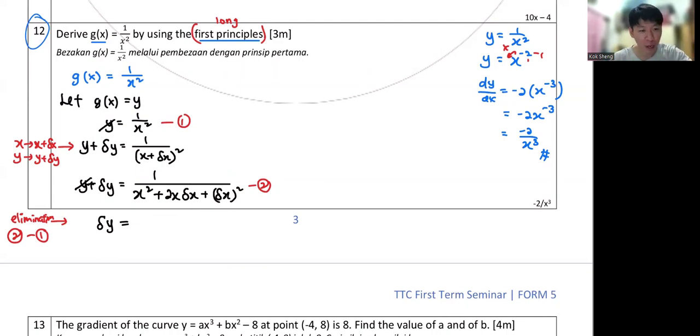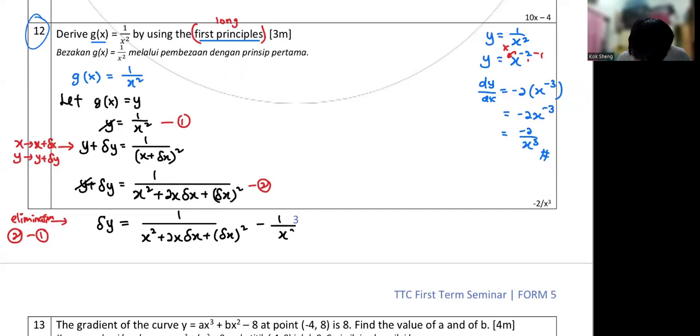So when this one minus cannot cut, no choice, just copy only.